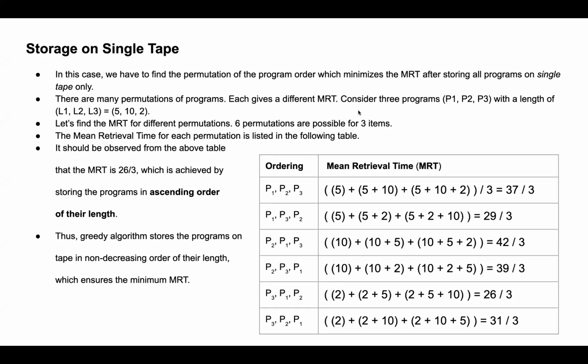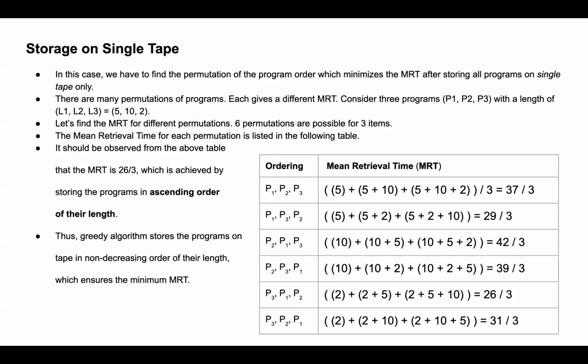Consider three programs P1, P2, P3 with lengths L1, L2, L3 equal to 5, 10, and 2. The length of program P1 is 5, of P2 is 10, and of P3 is 2. We have taken this as the example.